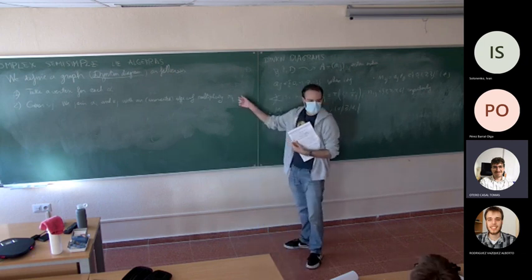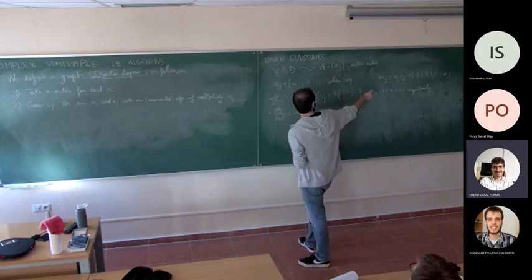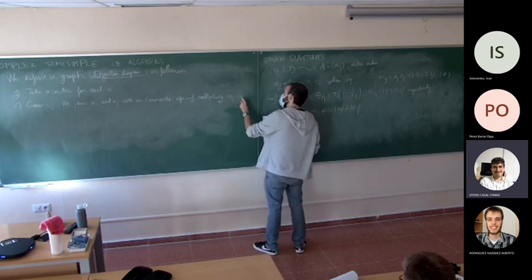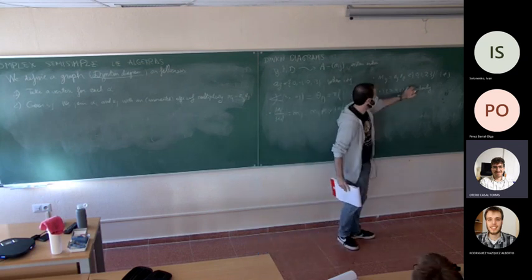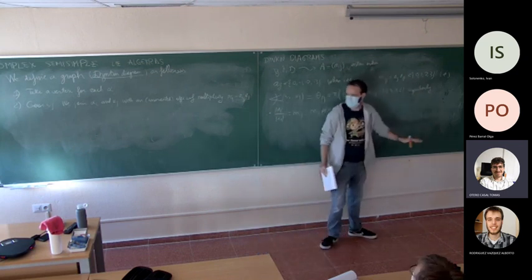Remember that this was the product of a_ij and a_ji. So there are going to be either no edges, 1, 2, or 3.